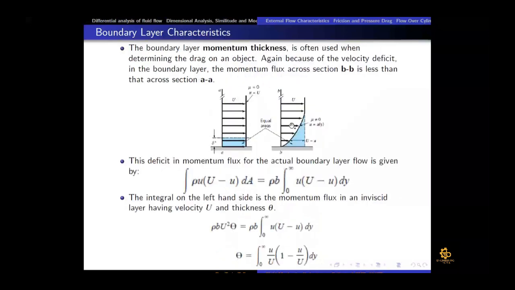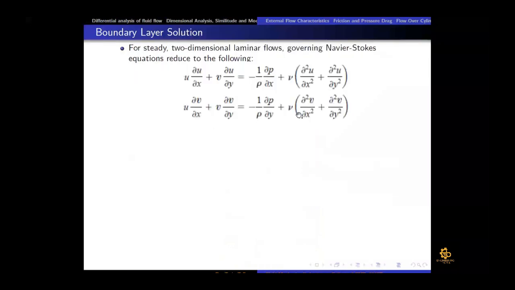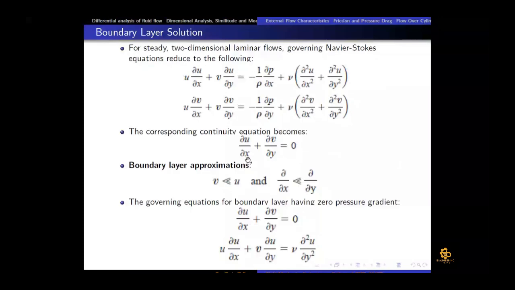So we have got only two equations: partial u by partial x plus partial v by partial y is equal to 0, and then the u momentum equation, u into partial u by partial x. Now partial u by partial x is very small, but u is quite big, so we cannot neglect this term. That's why we have retained it.